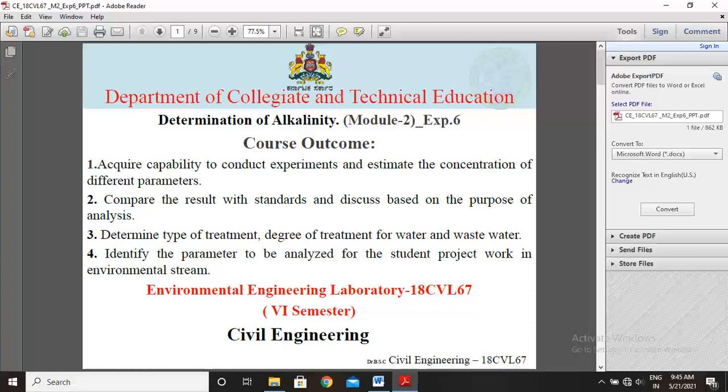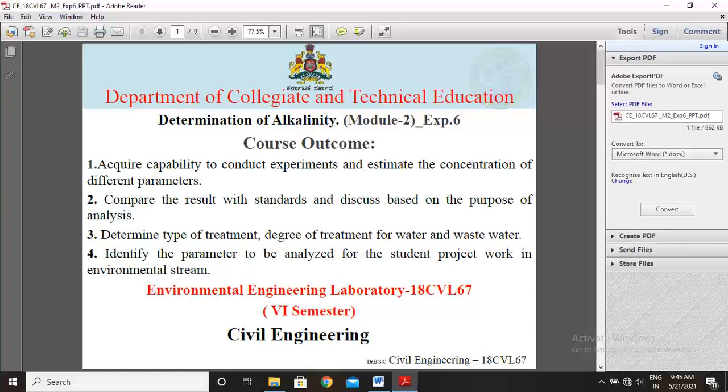The course outcomes are given based on this subject. There are 4 course outcomes. One is to acquire capability to conduct experiments and estimate the concentration of different parameters. Second is to compare the result with standards and discuss based on the purpose of analysis.